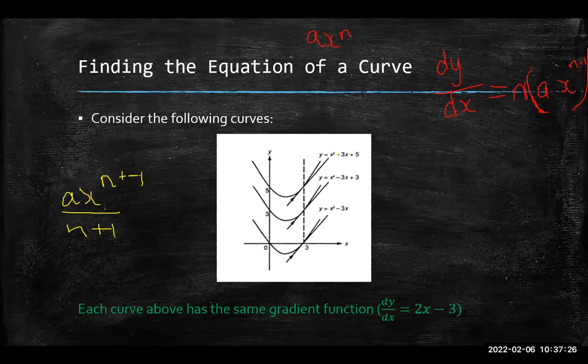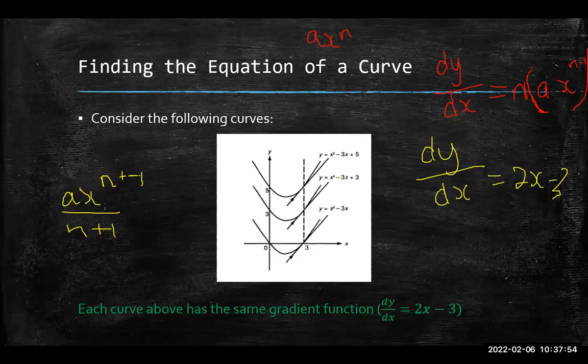So if I gave you these equations and asked you to differentiate each one of them, the first one, dy on dx, which is the gradient function: if I differentiate x squared, I get 2x. If I differentiate minus 3x, I get minus 3. And the differential of a constant is always 0, so we don't put the plus 0, it's understood.